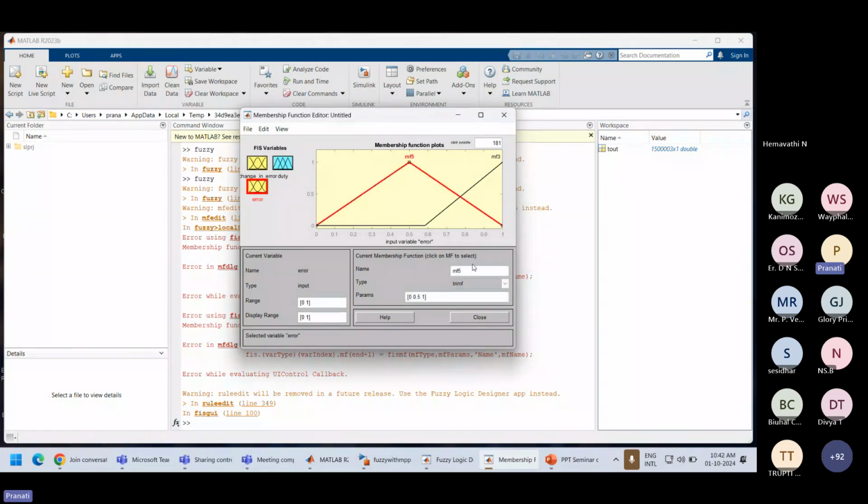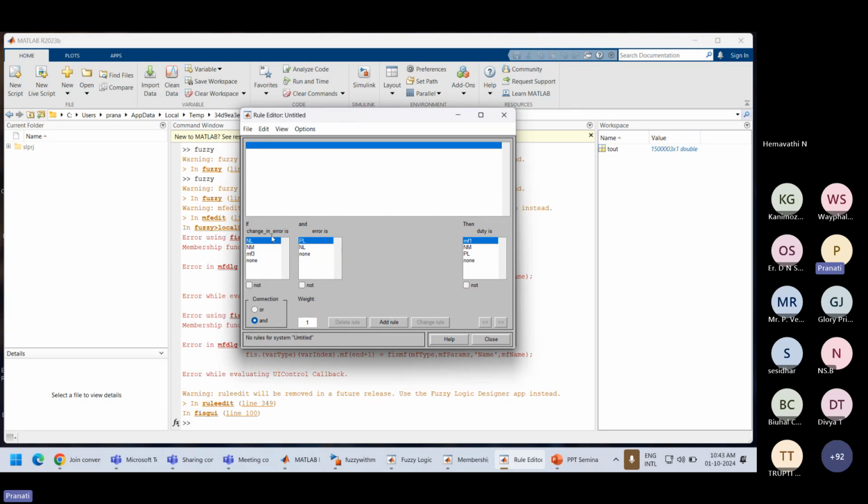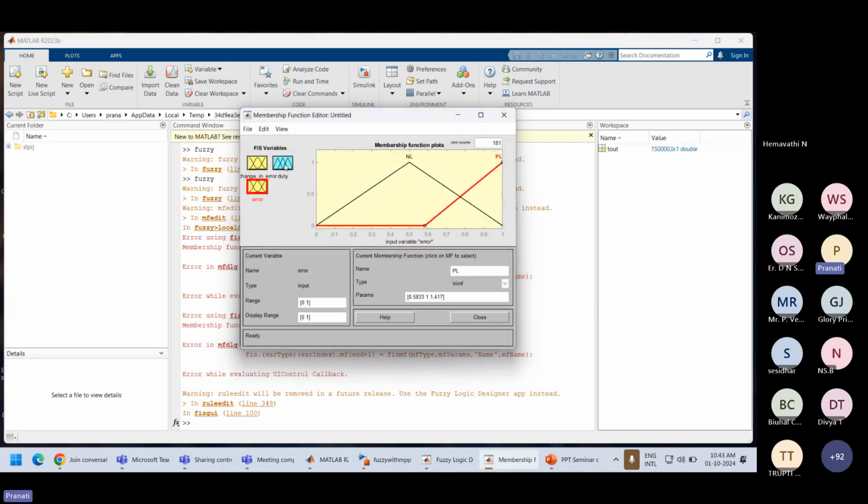Then we can select this one and give this name as negative large. This name, say here, positive large. Then we can see the rules. Edit rules, see negative large. When error is negative large, change in error is negative large, and duty is negative large. Now set the duty also. Duty also for this one. Negative large, negative medium, positive large.